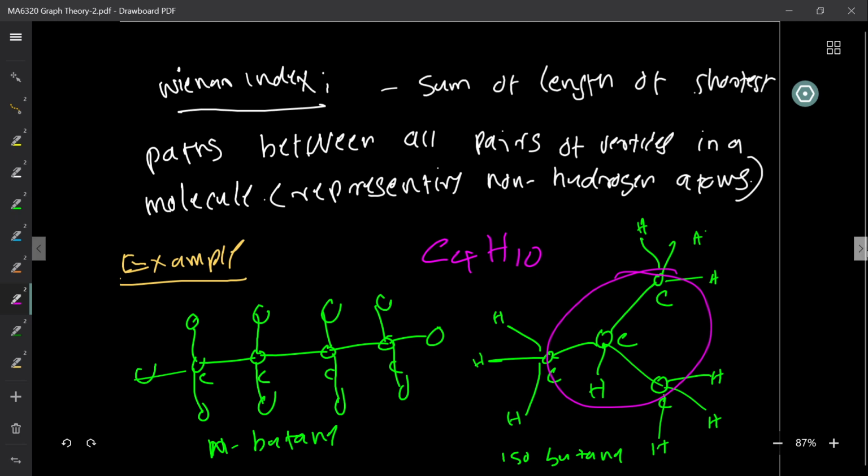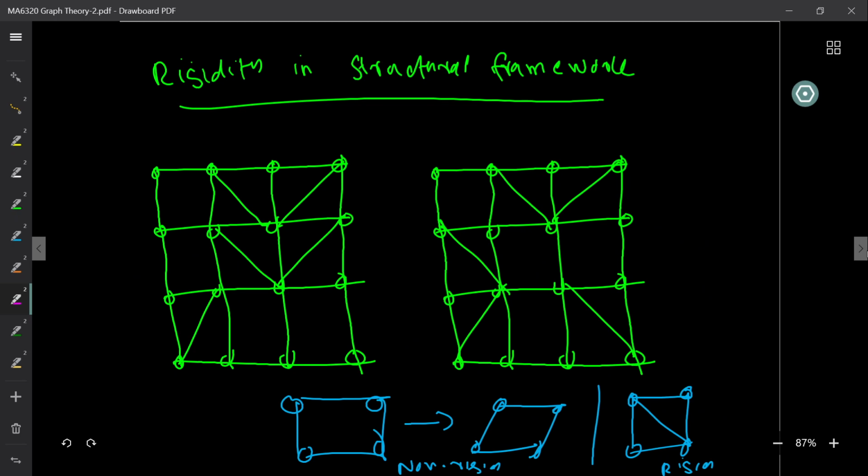So I will wind up today with one more application: rigidity. This is for structural engineering, like in civil engineering. When you make structural networks, you can talk about a parameter called rigidity, like how rigid the frame is so that it doesn't collapse.